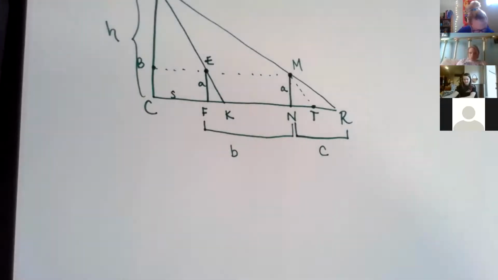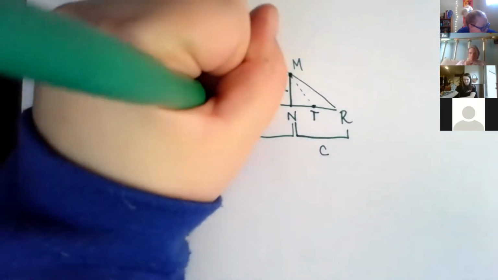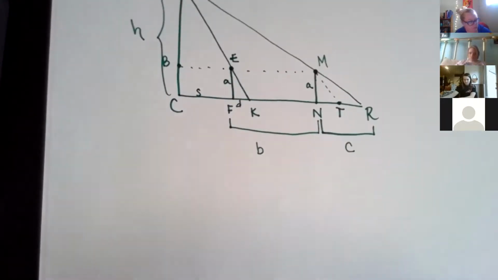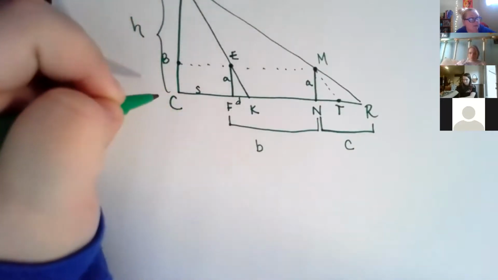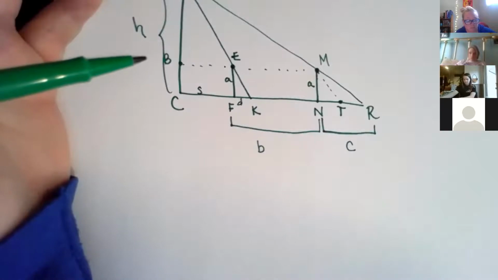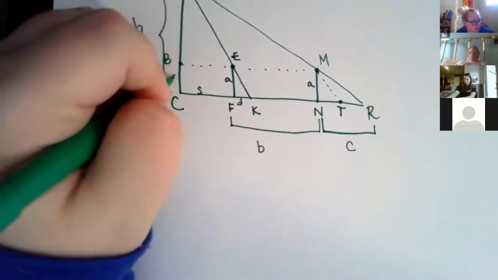Make sure I read that right. So the distance from B to C would be A. Yeah, that's okay.